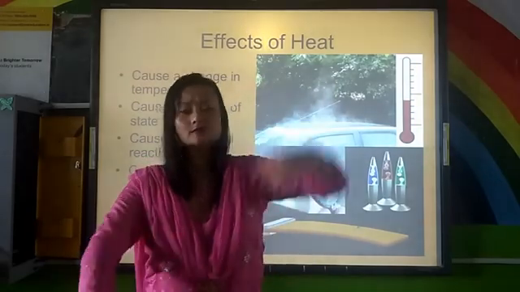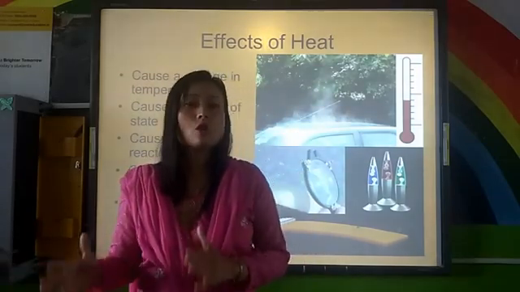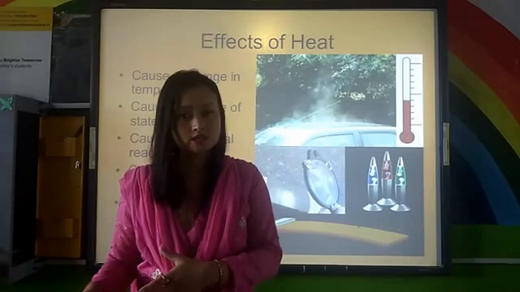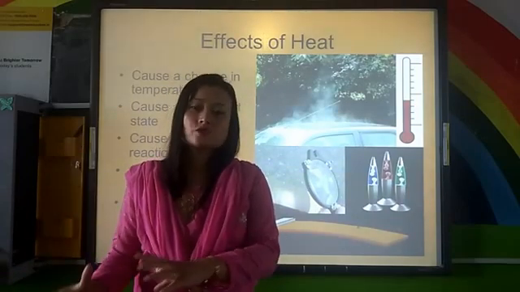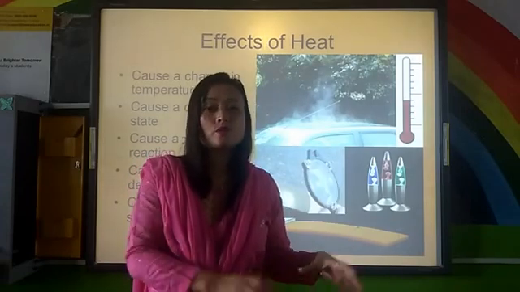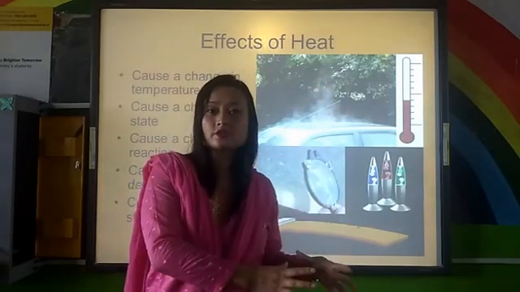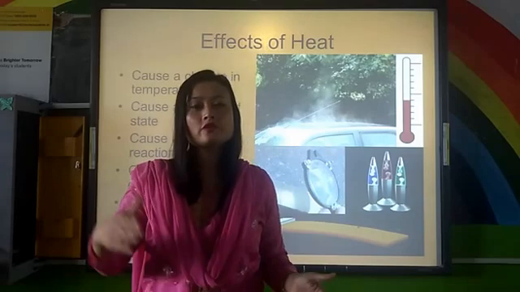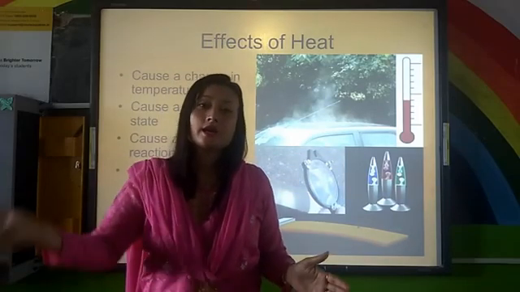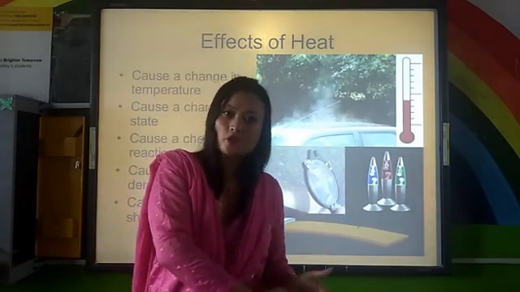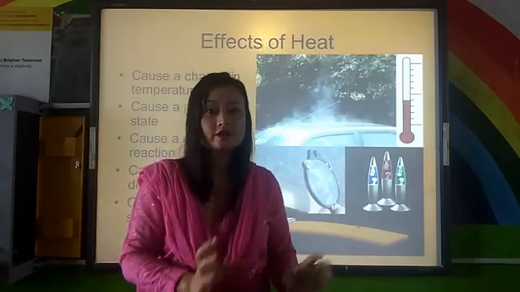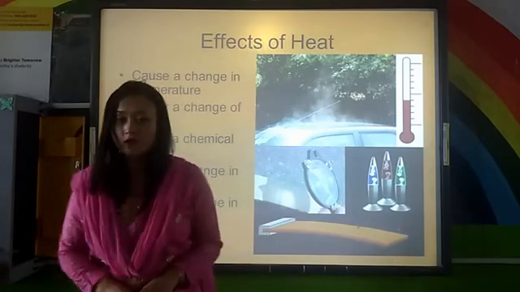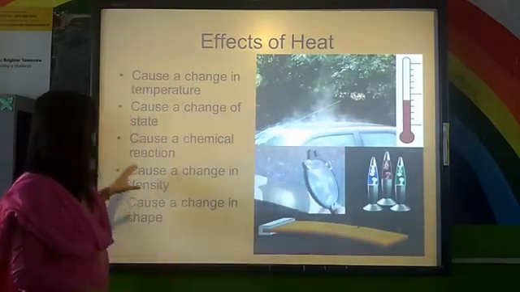And vice versa, if water loses heat, it will change to ice, isn't it? When water loses heat, it converts into ice. So what is happening over here? The liquid changes its state to solid. So there will always be a change of state if there is heat. Okay, this is one of the effects of heat, change of state.